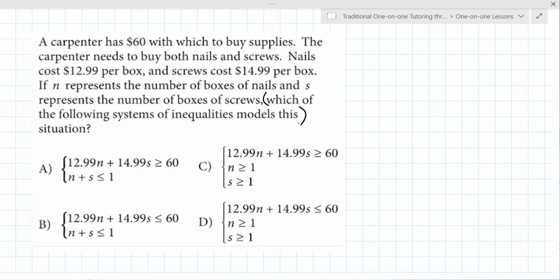The carpenter needs to buy both nails and screws. Nails cost $13 per box. Screws cost $15 per box. N is nails and S is screws. At least one.